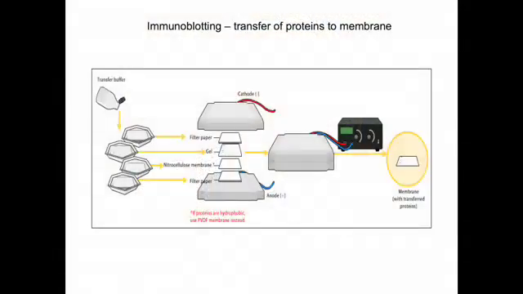You place a membrane, either nitrocellulose or PVDF, a polyvinyl-derived membrane, put the gel on top of the membrane, put filter paper soaked in buffer on top and the bottom, and put it into an apparatus where there's an anode towards which all of the proteins will flow, and they're transferred from the gel onto the nitrocellulose membrane. And now we can further manipulate it.